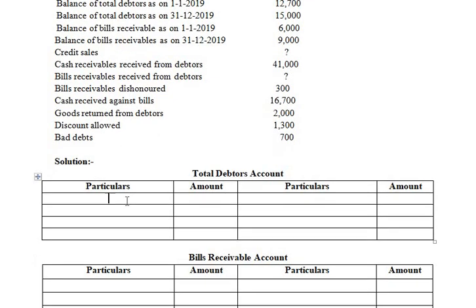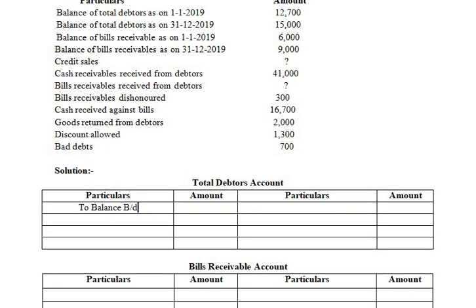So to balance brought down, and what is the amount? The amount is 12,700. So write down the amount as 12,700.